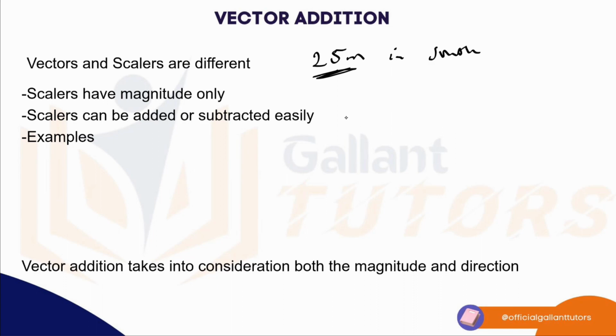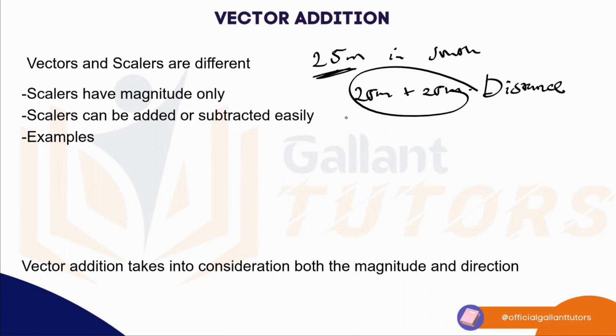So if I tell you, okay, add the width and the breadth, you say 25 meter plus 25 meter. What I'm asking you to do is to add the distance. Remember, distance is a scalar quantity. But now, if I ask you the displacement, which is a vector quantity, you're going to do it differently.